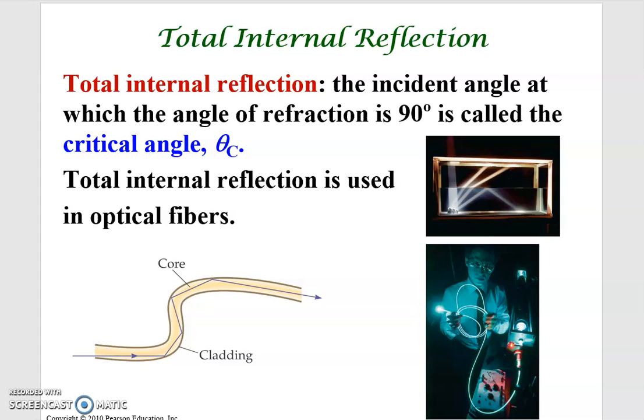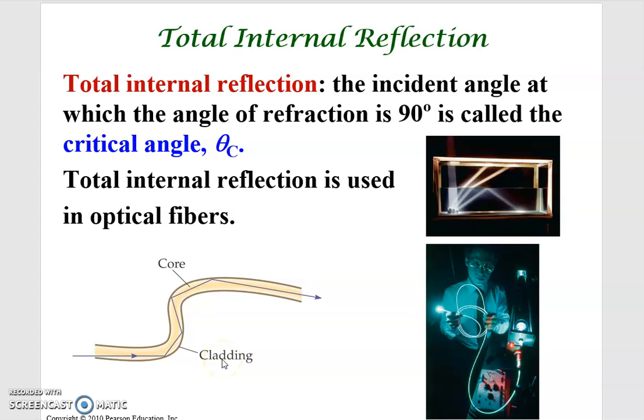They are thin fibers composed of a glass or plastic core with a very high index of refraction. They are surrounded by an outer layer of coating, or cladding. This coating has a low index of refraction. So the center has a high index of refraction and the surface has a low index of refraction.